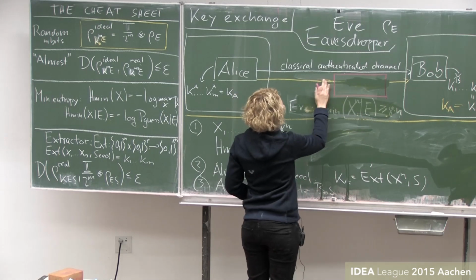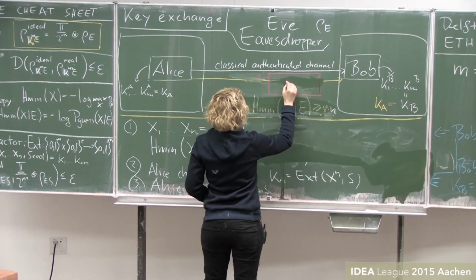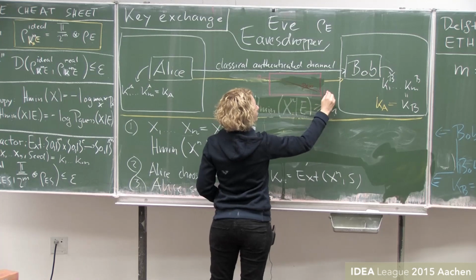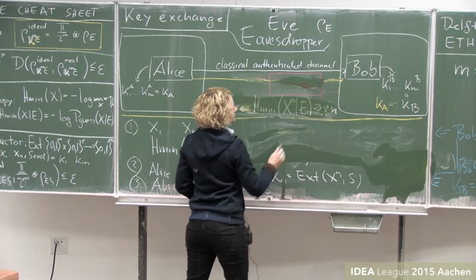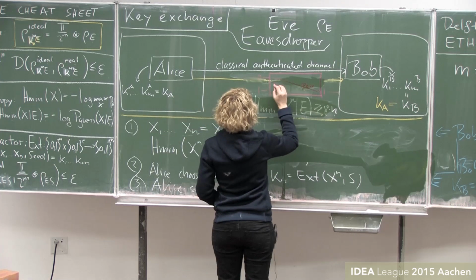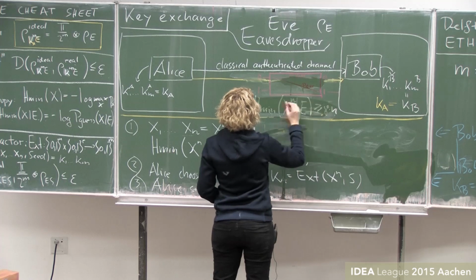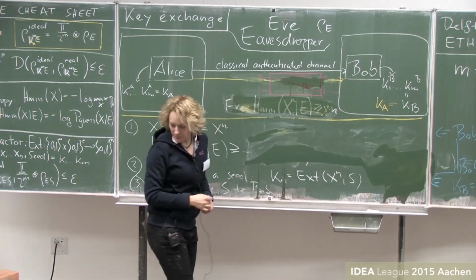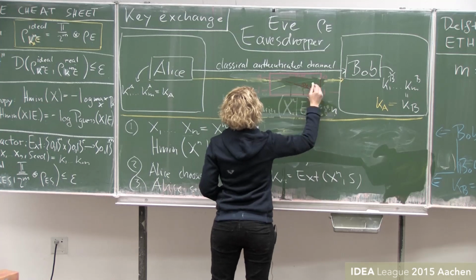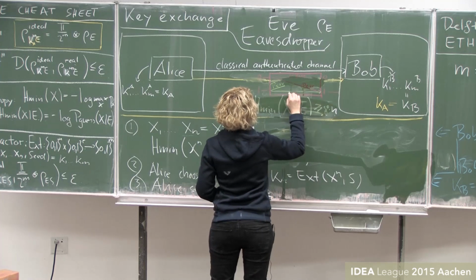Whenever Alice inputs a 0, with some probability p error it will come out as a 1 to Bob, and with probability 1 minus p error it will stay 0. And with the same probability, if Alice inputs a 1, it will get flipped, again with p error.